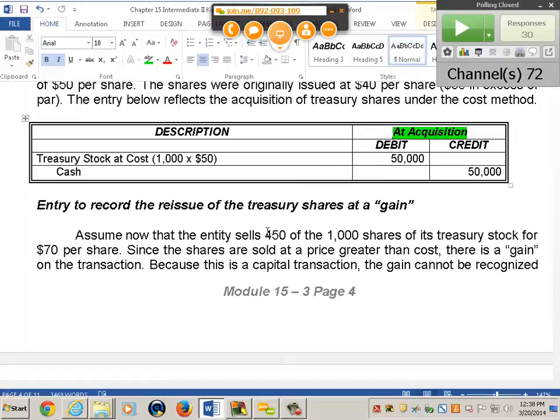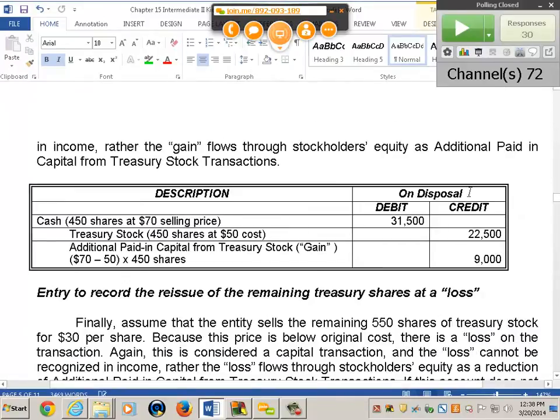So when we make that journal entry, if you go to the next page, on the disposal of the treasury shares, we're going to debit cash for $31.5. You're going to have treasury stock credited at its cost, and the gain, again, does not go into income. That's additional paid-in capital.